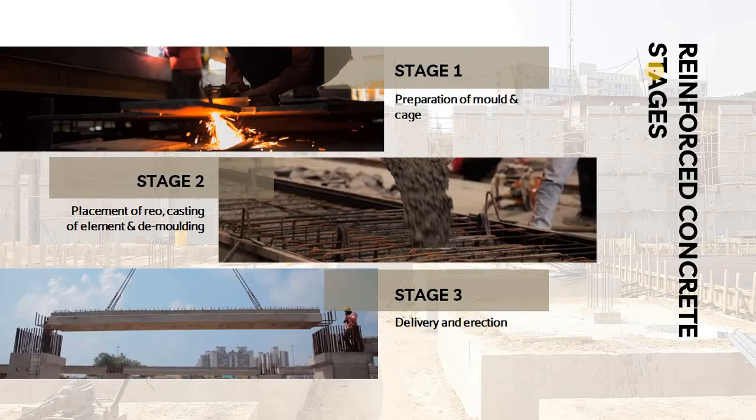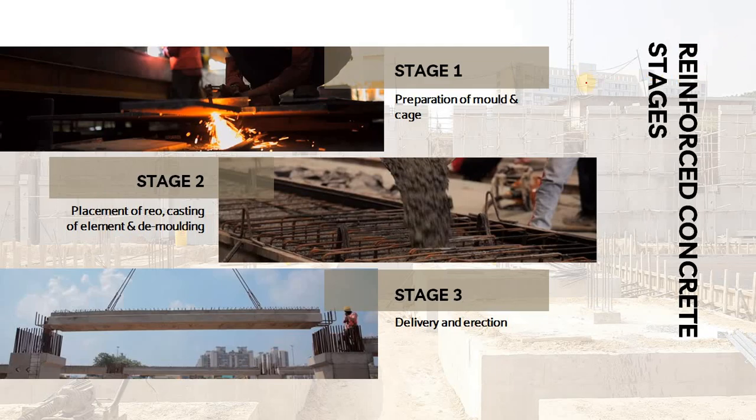Now let us discuss the stages, how this process takes place. These are generally wet mix concrete, in which first the mold and the reinforcement cage will be prepared in the factory. Then in the second stage, after the preparation of the mold and reinforcement, the reinforcement cage will be placed inside the mold, and then the concrete is poured into it.